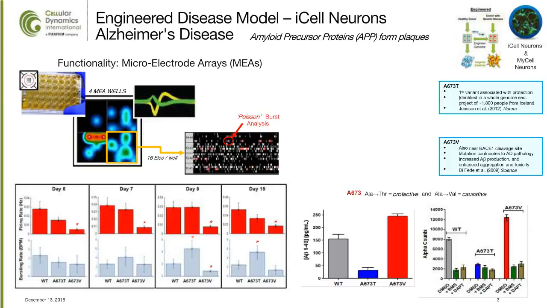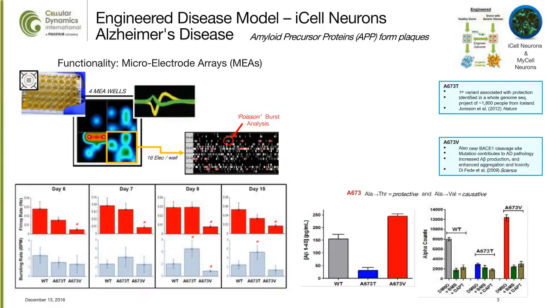What we're showing you here on the left-hand side is firing rates in red and bursting rates in blue for the wild type, the protective, or the causative conditions for Alzheimer's. On the top, we can see over days in culture, the protective condition does not change the mean firing rate compared to the wild type.